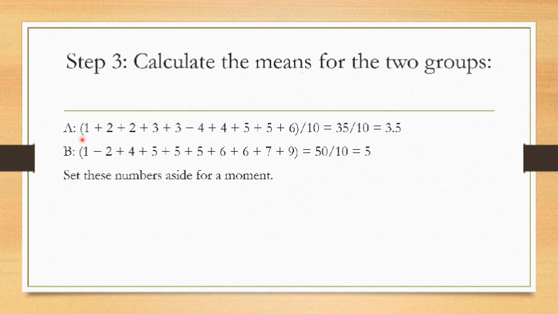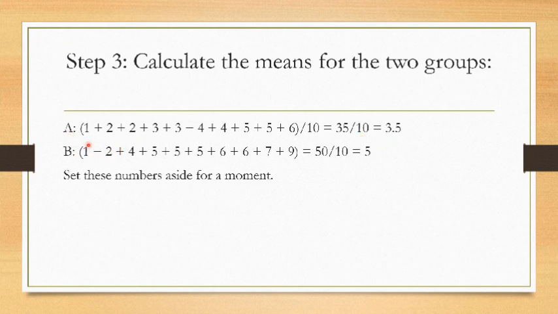A is equals to 1 plus 2 plus 2 plus 3 plus 3 plus 4 plus 4 plus 5 plus 5 plus 6, divided by 10, is equals to 35 divided by 10, which is 3.5.